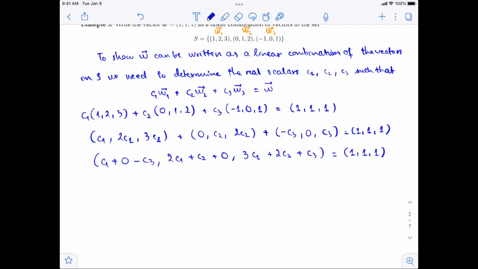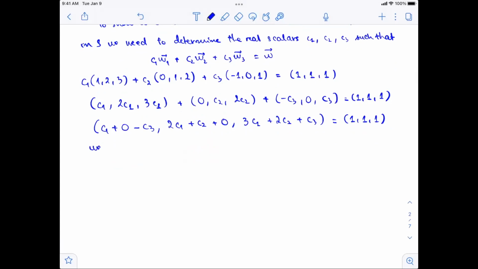And these equations give you a system of three equations with three unknowns, right? The first component on the left equals the first component on the right. The second component on the left equals the second component on the right. And the third component on the left equals the third component on the right. So we obtain the following system of equations.